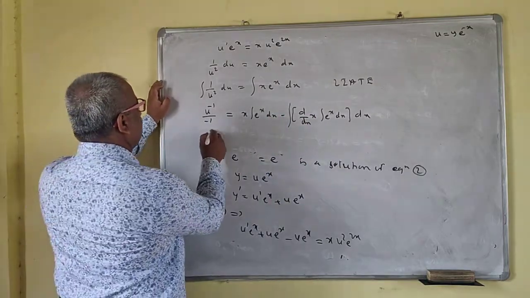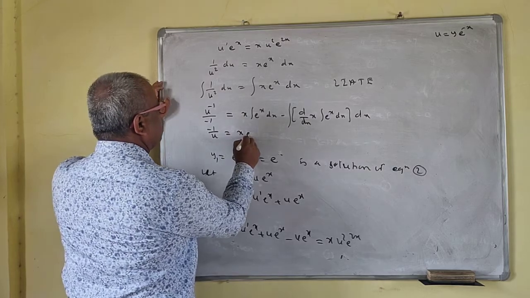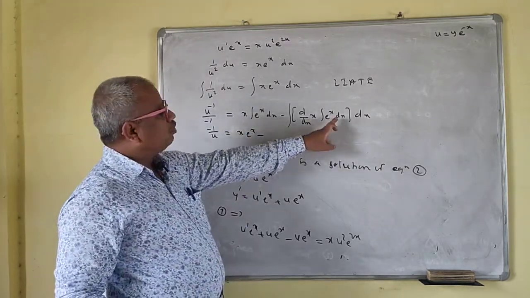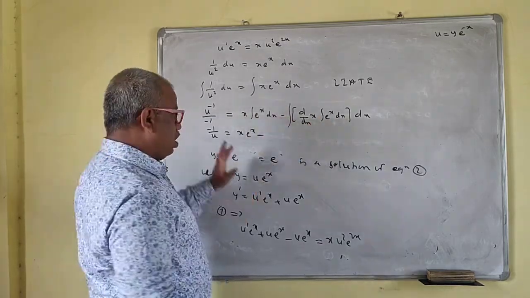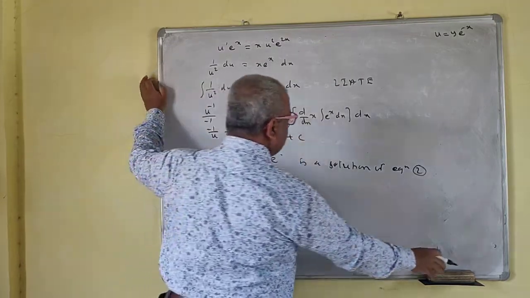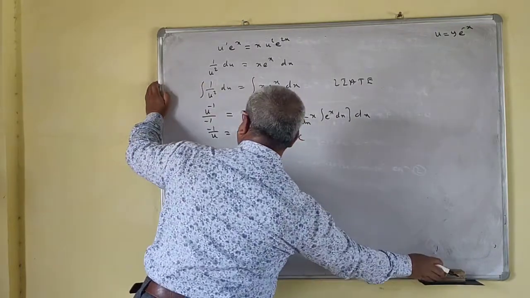This is your usual integration by parts now. This is minus 1 upon u. So this is x e raised to x minus, the derivative of x is 1, so the integration of e raised to x is e raised to x. I will write here plus c because the integration is indefinite, so I will add one constant.